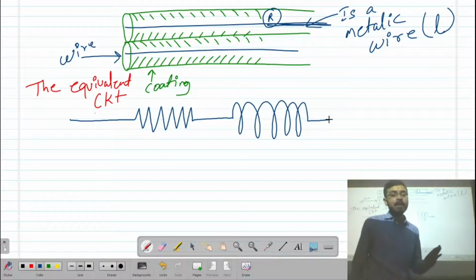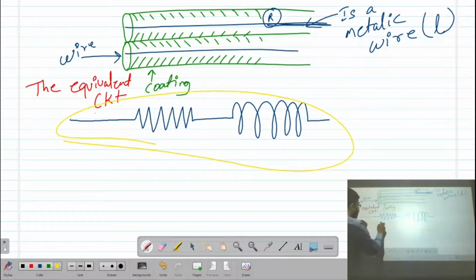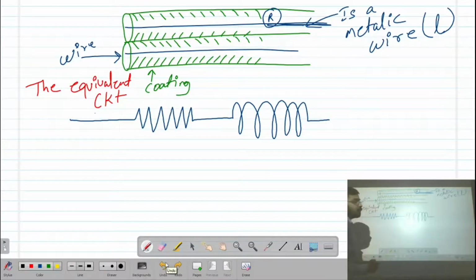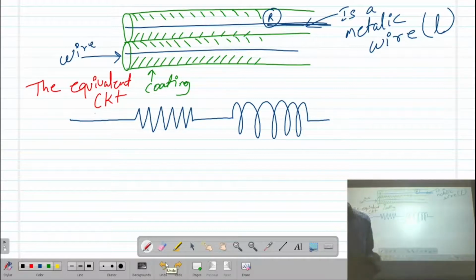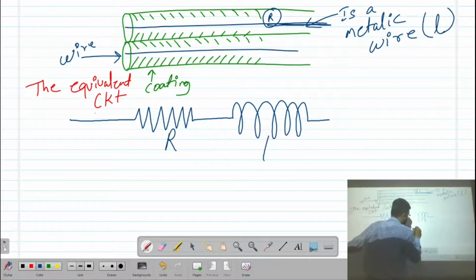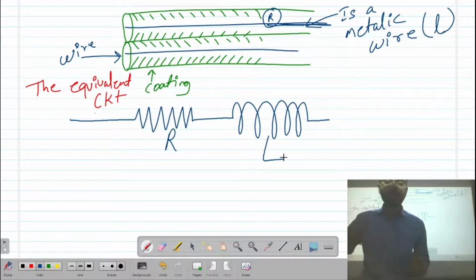This is the equivalent circuit which we are trying to study, right? This is resistance R, and this is inductor L. Inductor is nothing but a wire wound in a circular pattern.